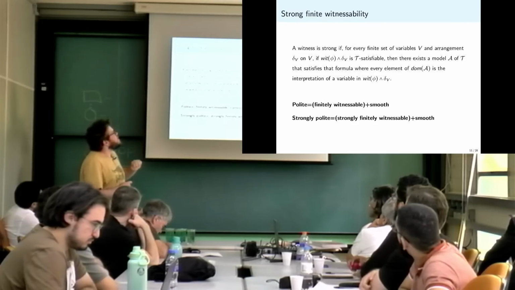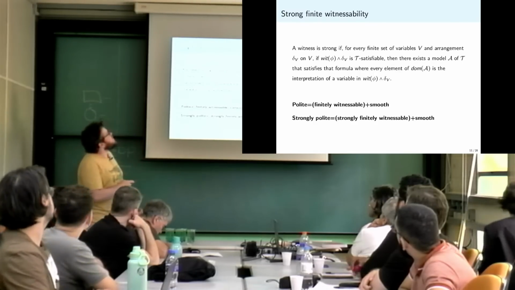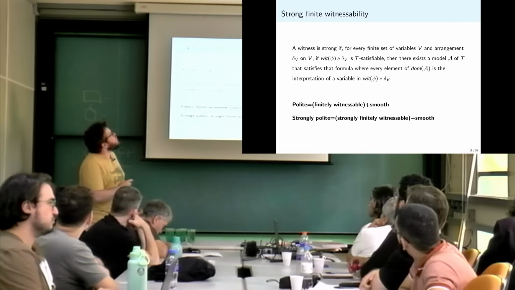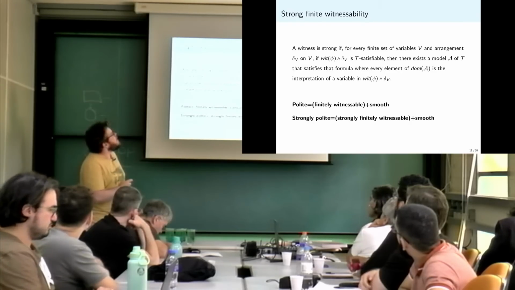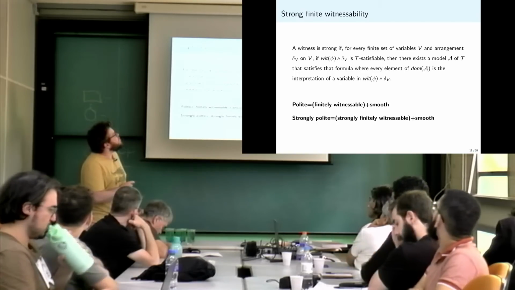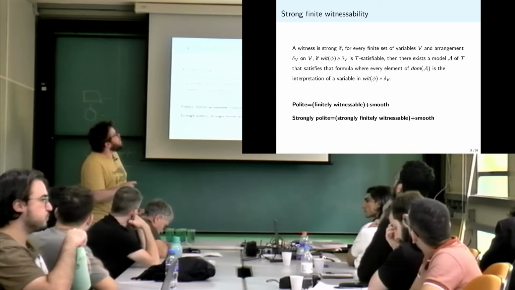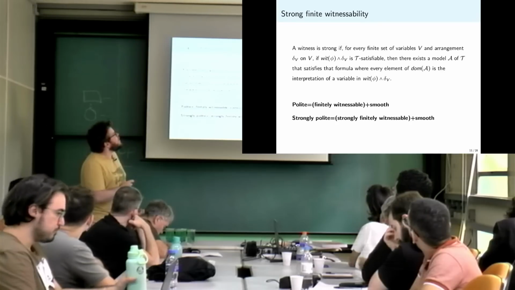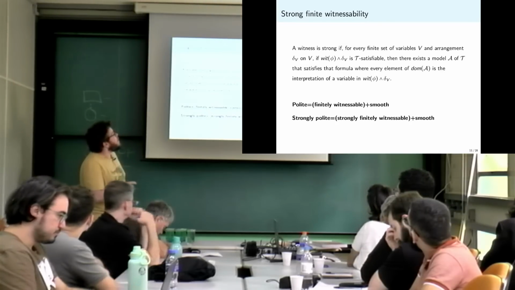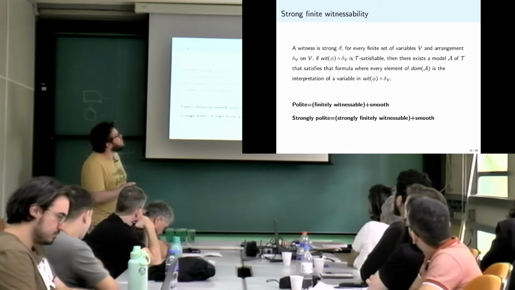Strong finite witnessability is almost the same property. It's just that you have to consider any arrangement. If the witness plus an arrangement is satisfiable, then there is a model that satisfies this formula, where every element corresponds to a variable in this bigger formula.